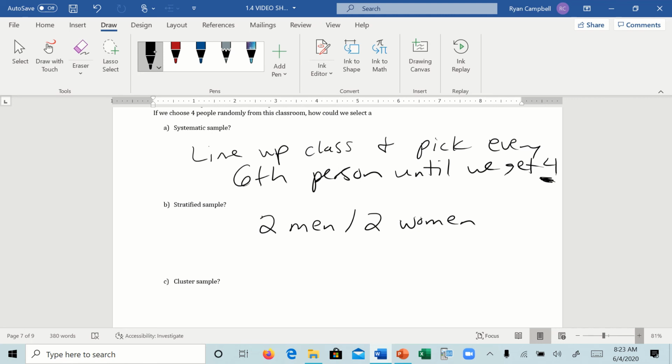So if it's stratified and you want 4 people, you would need to have 4 different outcomes or some divisible number, right? So you could have black hair, blonde hair, red hair, and other. And so you can just get 1 from each.